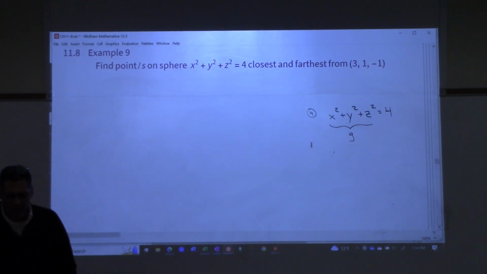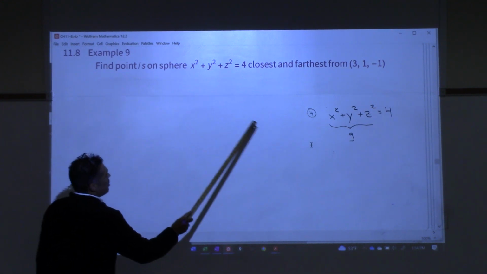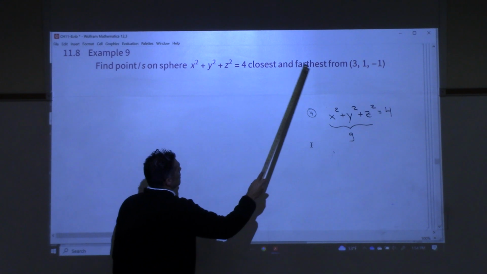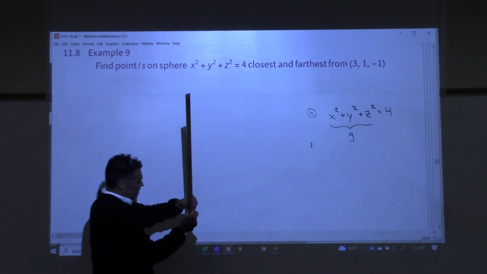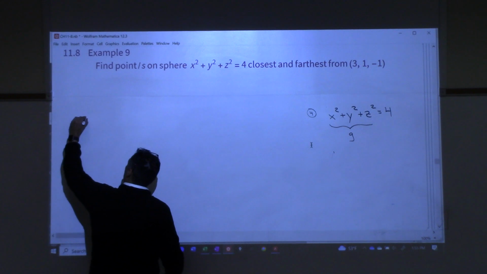What is the function that I'm trying to find the maximum and minimum of? And we're talking here about distance, aren't we? Find the points on this sphere that are closest and furthest from this point. So when we talk about distance between 2 points, we have a formula for that, right? We talked about this in the very beginning of class. The distance between 2 points.